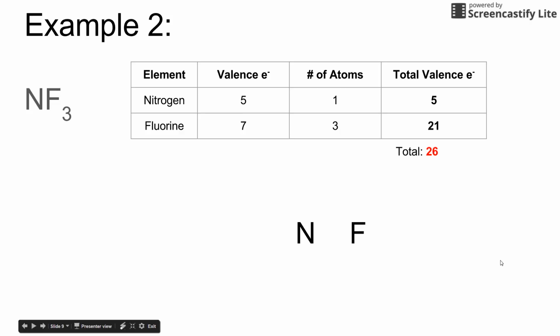Write 3 fluorines around it. These have to all be connected to nitrogen, so you connect them. Each of these covalent bonds you just wrote is 2 electrons, so 2, 4, 6 valence electrons. You already represented 6 out of these 26 valence electrons, so you have 20 more valence electrons to represent.